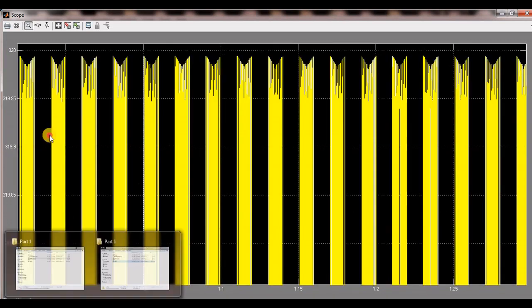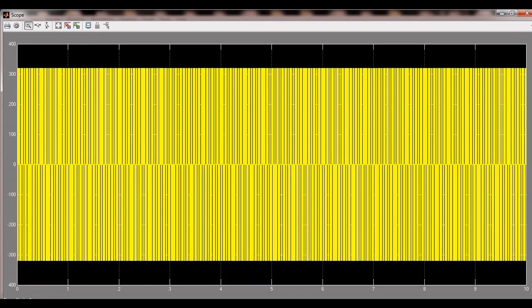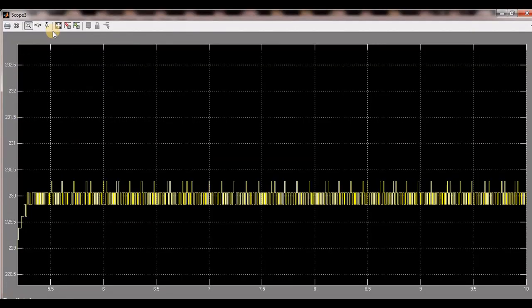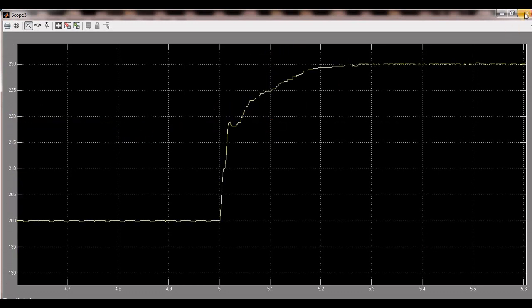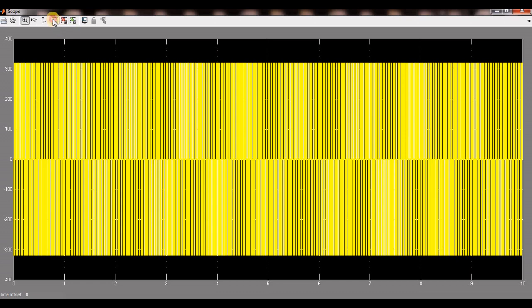The peak is always 320, but my RMS is increasing because I am increasing my reference value. So at 5 seconds it is increasing from 200 to 230. Then see how it is possible, because my peak is always 320. So I will explain why it is coming like this. See, at 5 seconds it is changing.